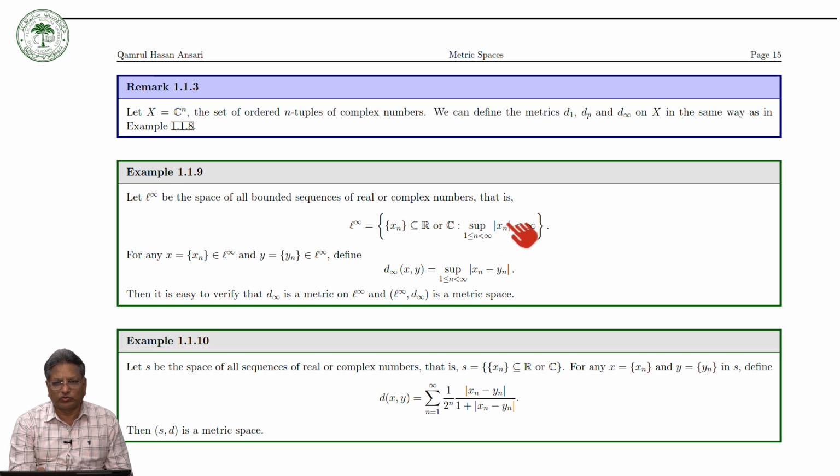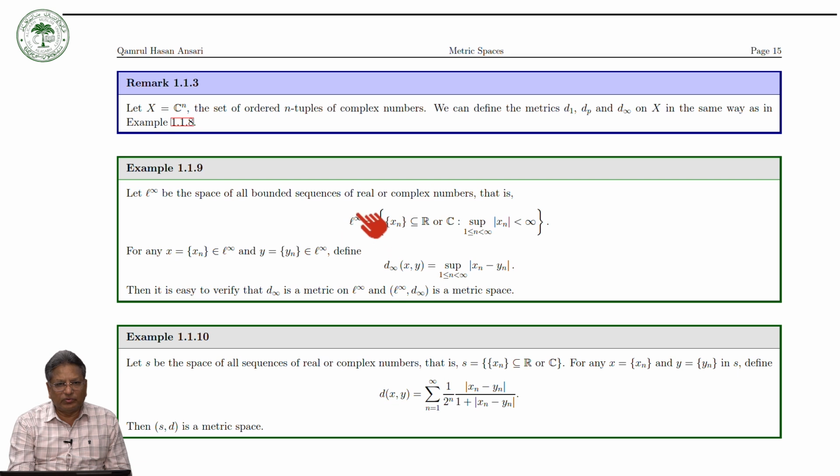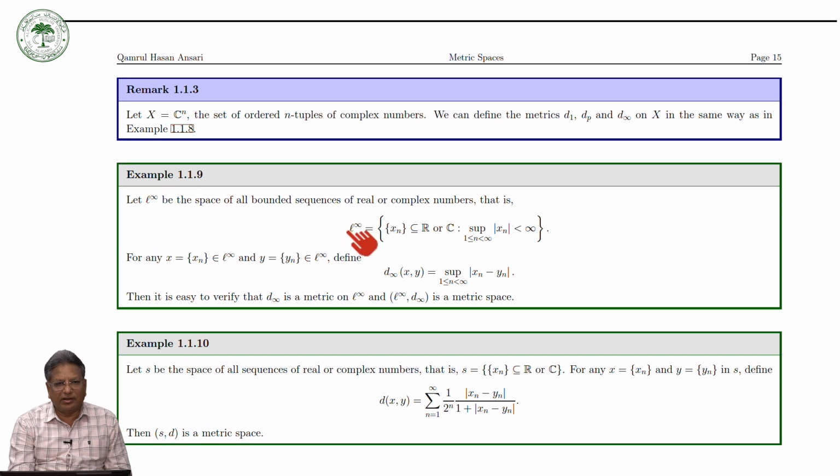That is, there must exist some constant m such that the supremum of mod xn is less than or equal to that constant. So we denote L infinity by the set of all bounded sequences of real or complex numbers. Keep in mind we will use this all the time.